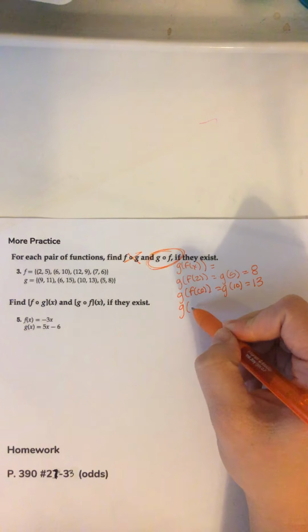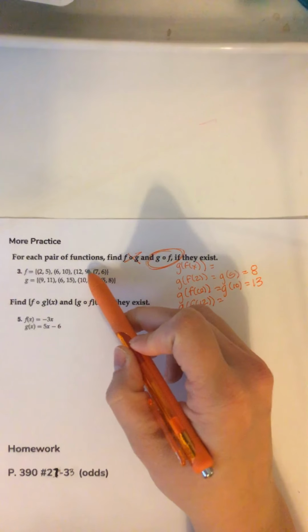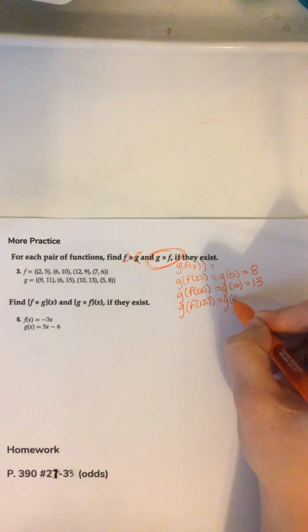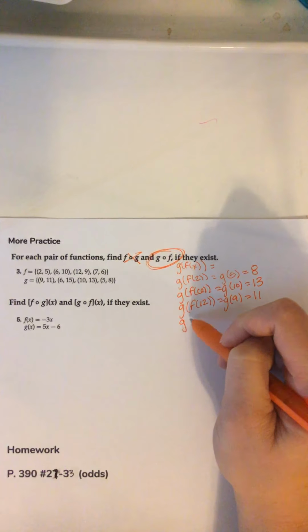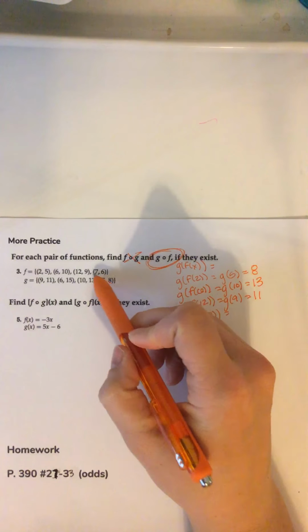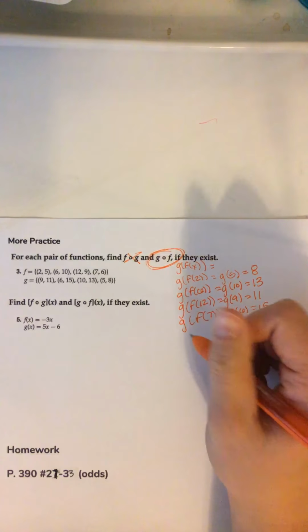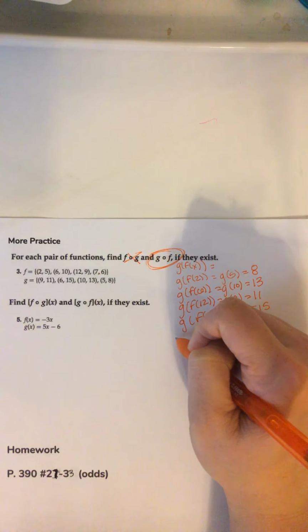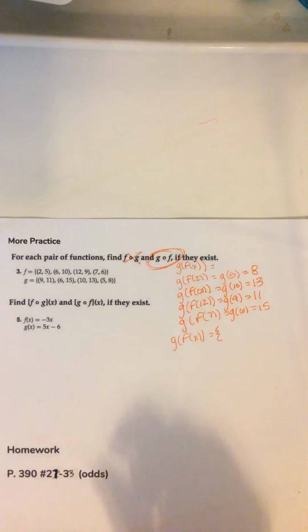Keep moving along, I have g of f of 12. f of 12 is 9, so I have g of 9, which is 11. And then I have g of f of 7. f of 7 is 6, so g of 6 gives me 15.